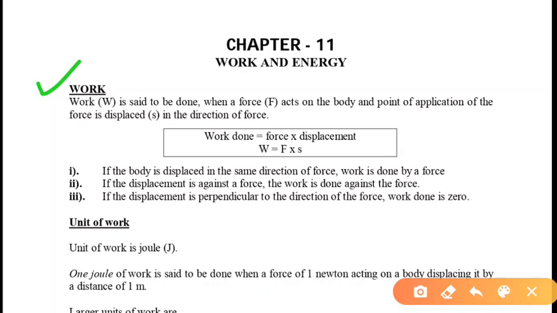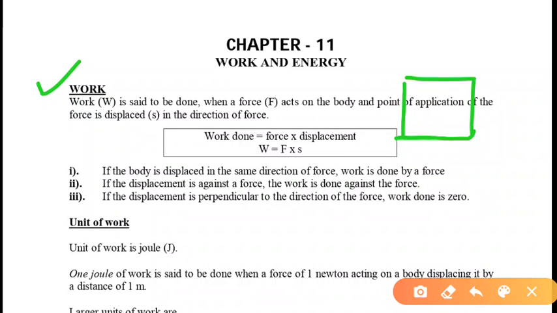What is work? Work is said to be done when a force F acts on a body and the point of application of the force has a displacement s in the direction of force. Suppose we have a heavy box and we want to do some work on it.